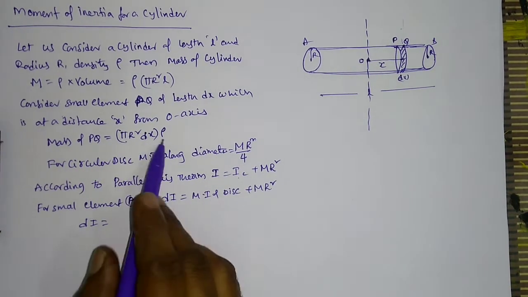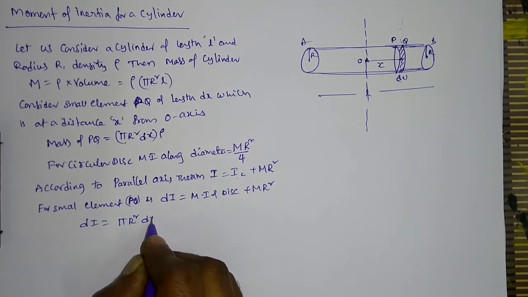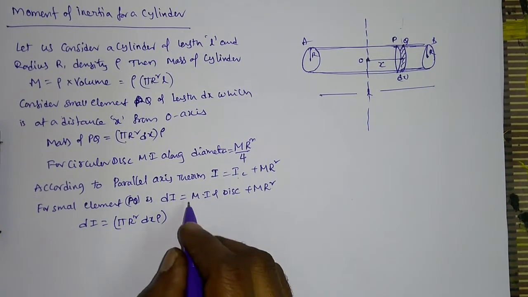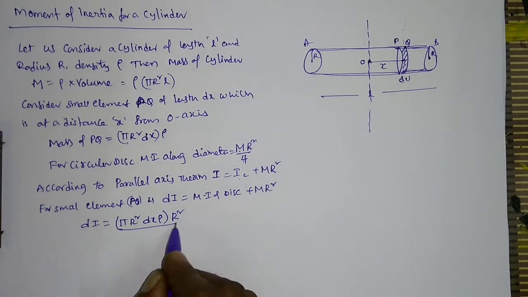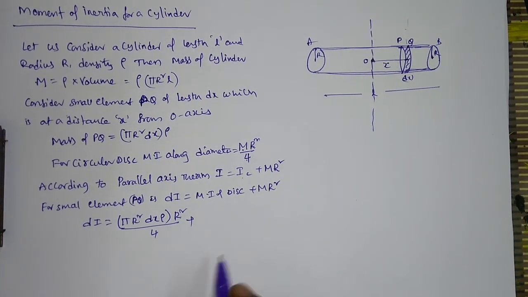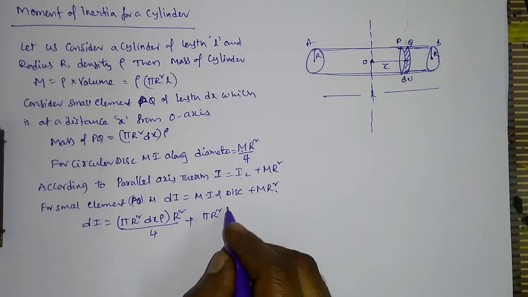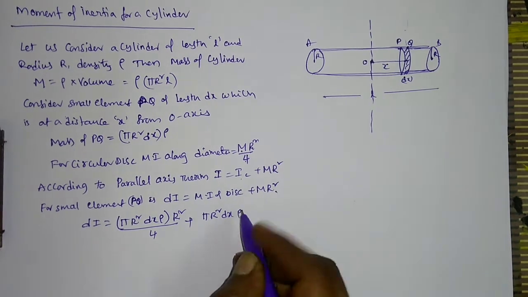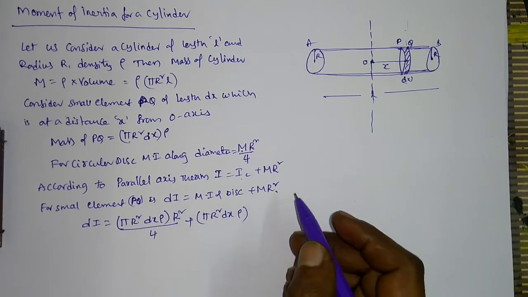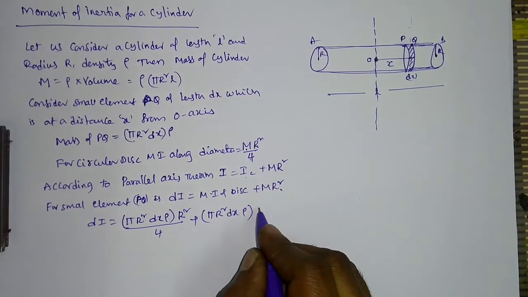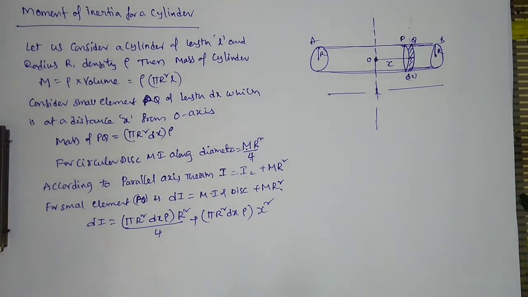For the small element dx, the mass is pi r square dx rho, so the formula is mr square by 4, that means r square by 4, plus mass again, pi r square dx rho, into r square. Here this distance is considered as x, so r square becomes x square. This is the formula for dI.